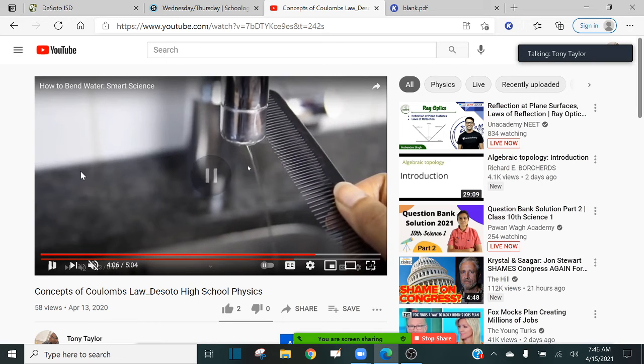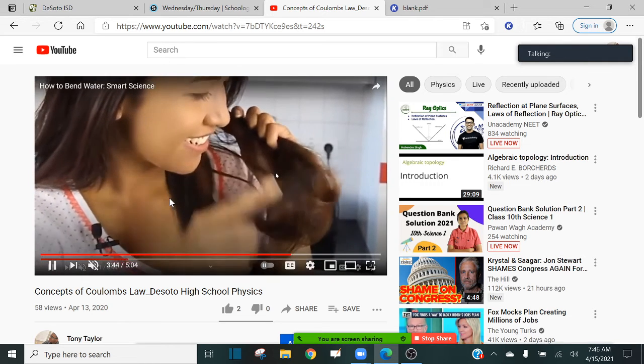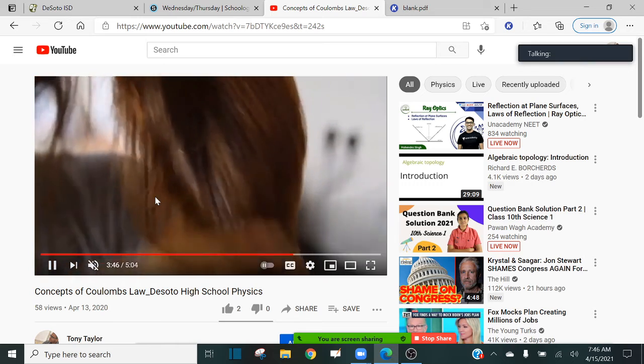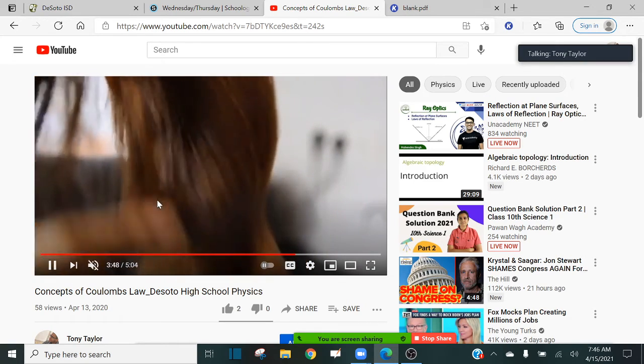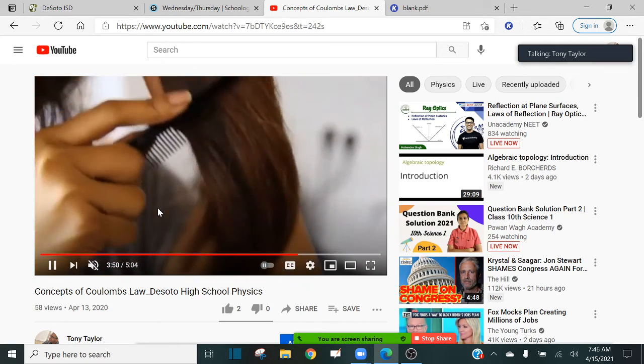In fact, while you guys are at home, I would really like you guys to try this experiment out for yourselves. It's really cool to see it yourself. Take a comb, comb your hair for several strokes, place it next to a stream of water, and you're going to actually see the water bend. Let's see that again. So she's combing her hair, and she placed it next to the water, and the water bends.